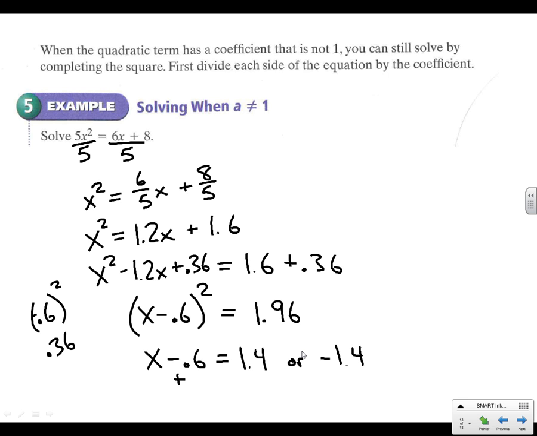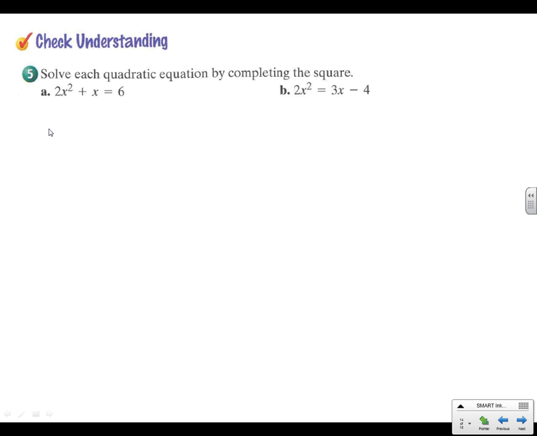Let's add 0.6. So we get 2. Let's add 0.6 here. We get negative 0.8. So remember, anytime this problem starts with a squared, you're going to have 2 answers when you're finished. Try understanding check number 5.